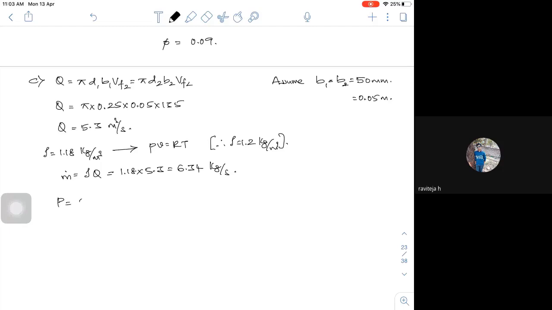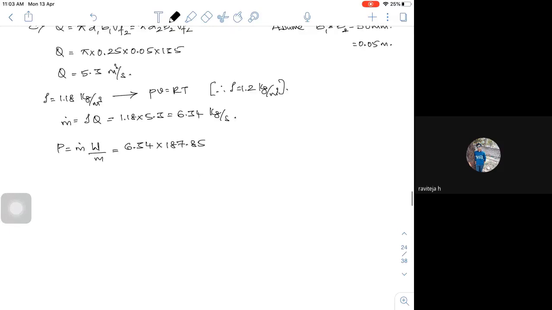Which is your mass flow rate into your specific work, which is 6.34 into 187.85 kilojoules. So roughly this is around 1195 kilowatts. So this is my power.